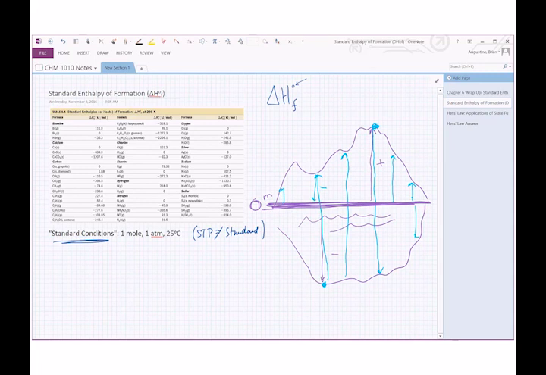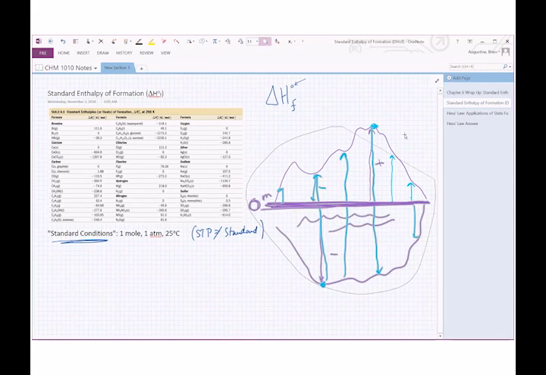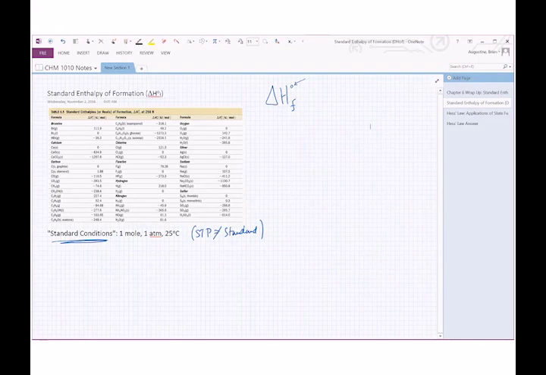Okay? The enthalpy of formation is the same idea. So let me erase this. Enthalpy of formation is another sea level measurement. And what they've done is they've said, all right, we are going to define the enthalpy of formation for a very specific case.